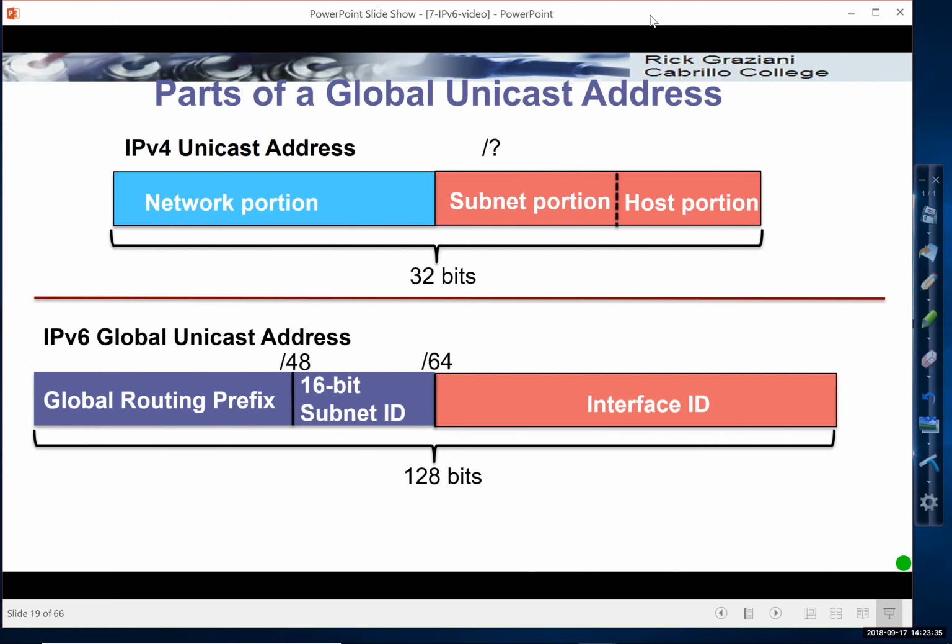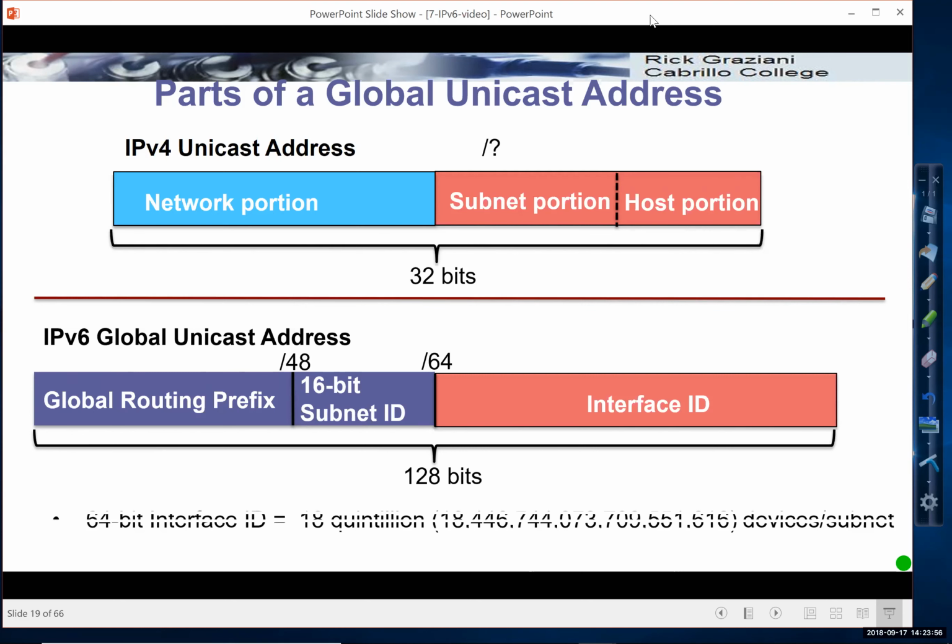In this case, let's say we have a /48. The first 48 bits is our global routing prefix, how our service provider sees us. We can then allocate the next 16 bits between the /48 and the /64. Interface IDs are typically 64 bits.